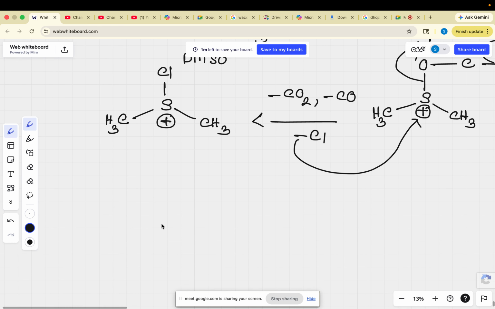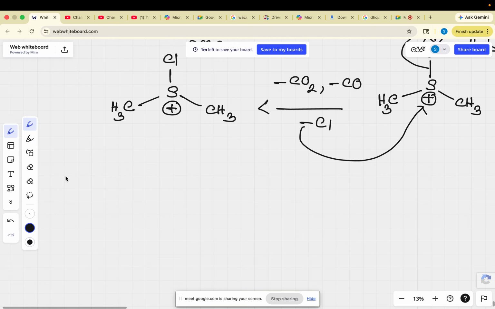Fine. Now the alcohol comes into role. What is the alcohol you have? RCH2OH, primary alcohol we have. So just write down the primary alcohol here. Now plus what I have: sulfur, chlorine, CH3, CH3, and this sulfur actually has a positive charge.